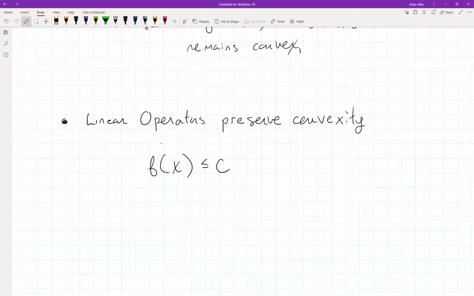If I were to say, instead of doing this operation, what if I said f of a times x plus b is less than or equal to c? So here I'm taking a linear operation on x.